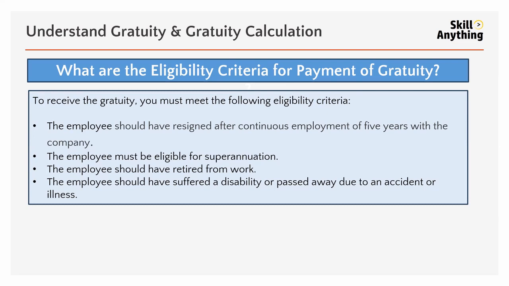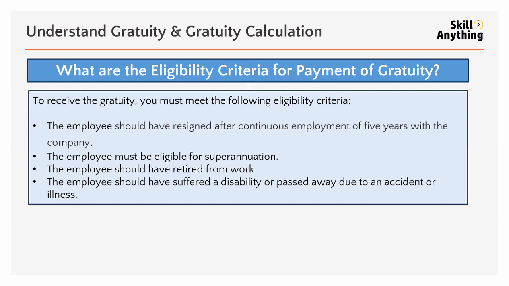If they retire from work, then the employee is eligible for gratuity. Or if they suffer a disability or illness, or pass away due to an accident, then the employee is eligible for gratuity.